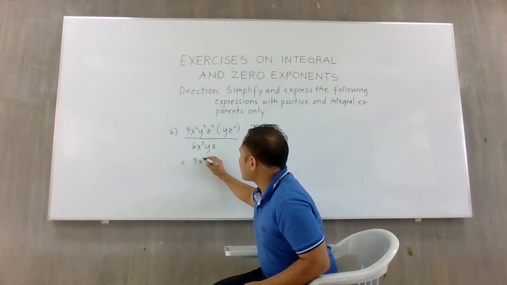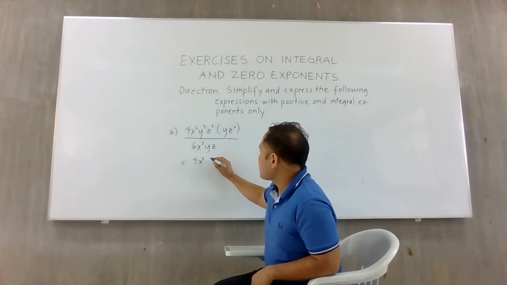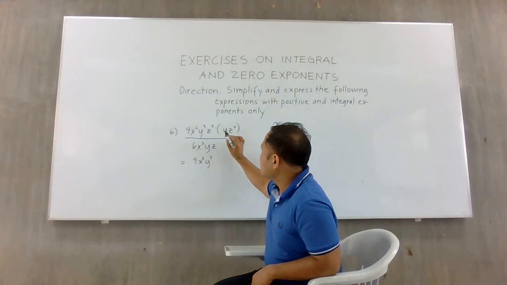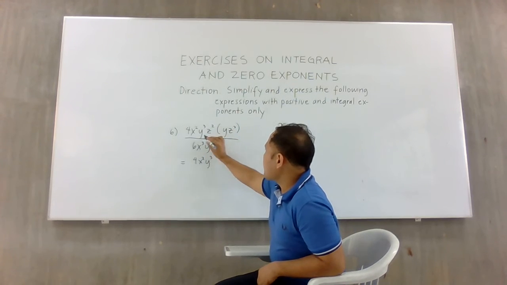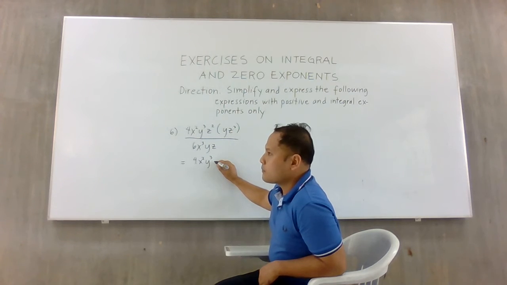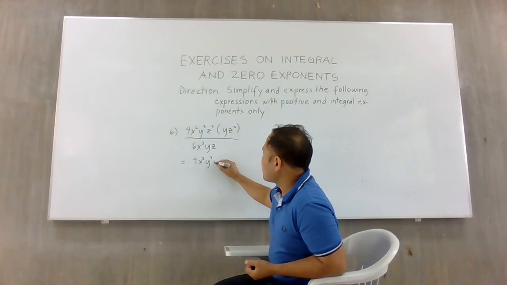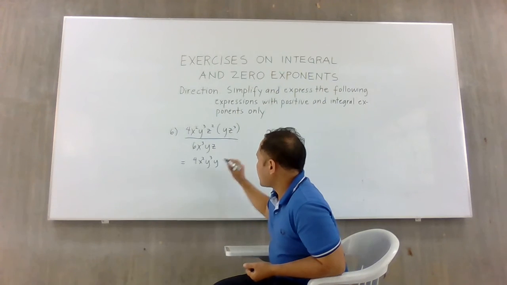Okay, so for x squared, we can write it 4 times x squared times y cubed. And it happens that y cubed has its kind. This is y cubed, this is y. So we can just write them together. Okay? So y and z squared.